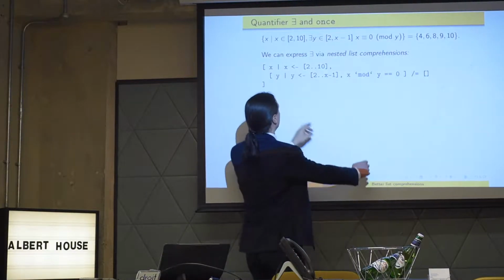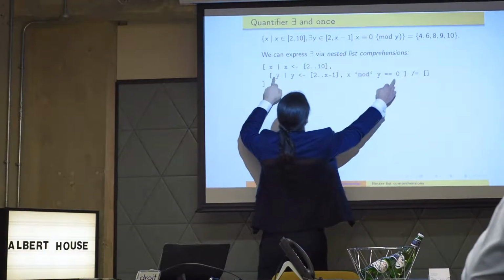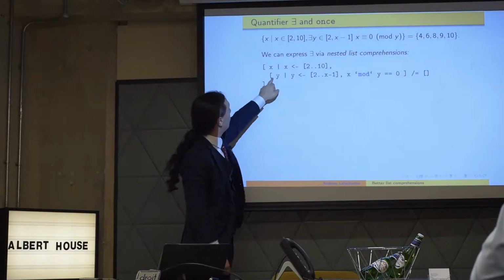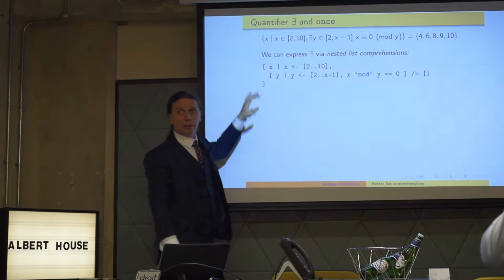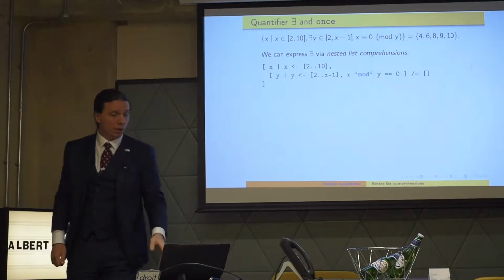So I have this internal list comprehension, inner one and outer one. And it's fine.